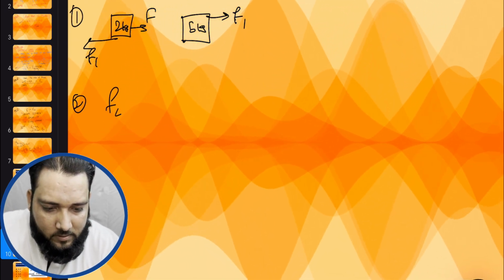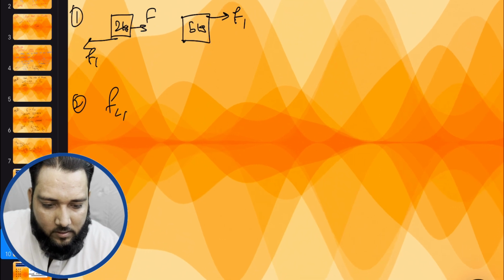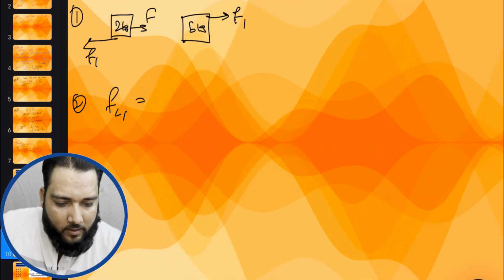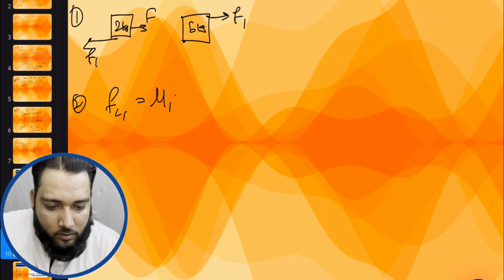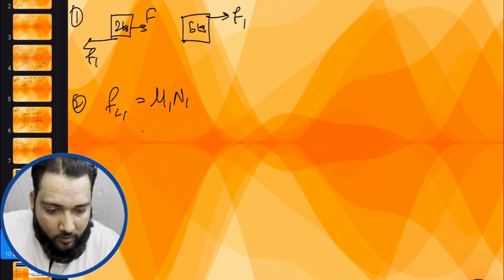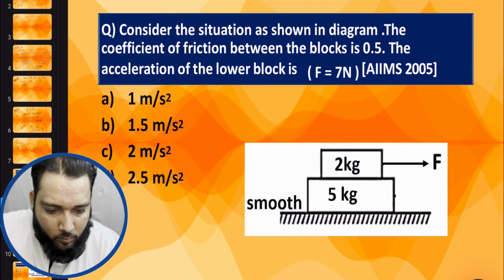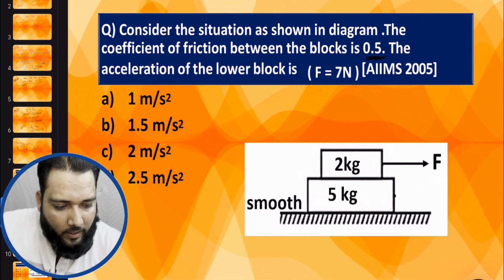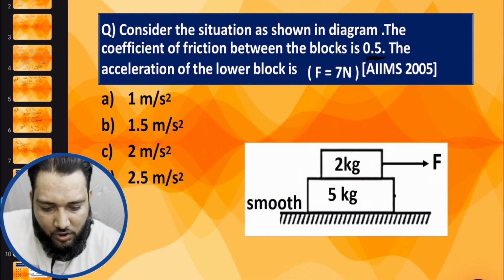The second step is you have to calculate the limiting friction. Here the limiting friction is for the 2 kg and 5 kg blocks, and the value will be FL1, that is mu1 into N1. Mu1 is 0.5, given to you, and N1 is 2g.